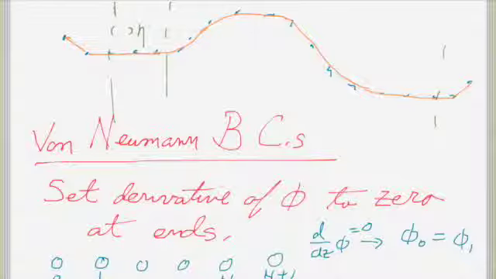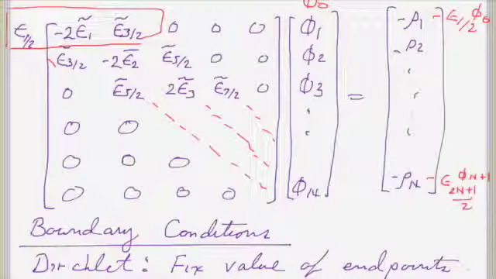And so if we go back and look at our matrix and see what happens when I do that, here phi 0 is multiplying this term here. And I set it equal to phi 1. That means I just bring this term here, and I add it on to that term there. So the right-hand side stays unaffected.